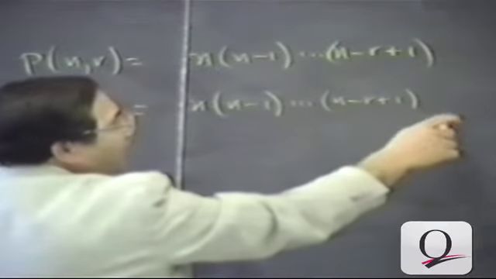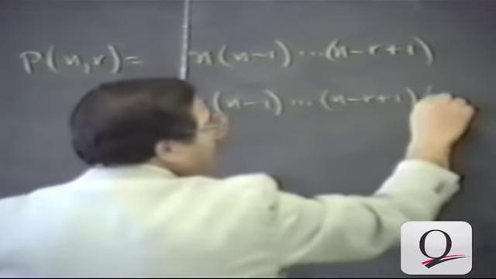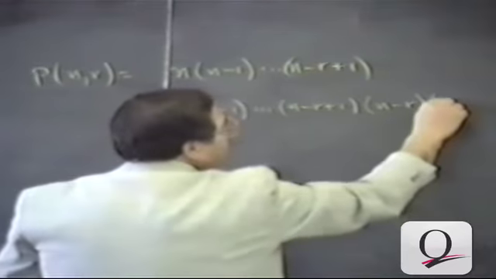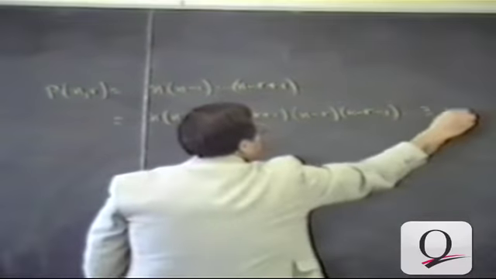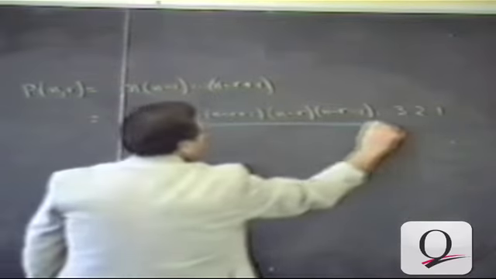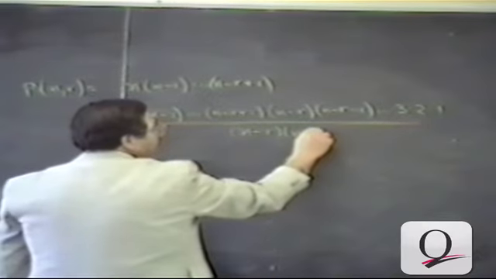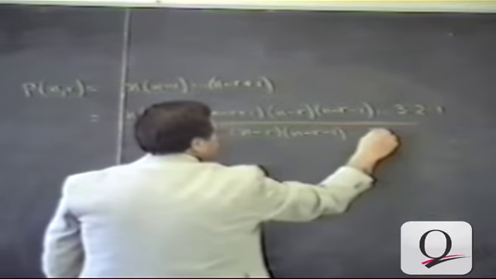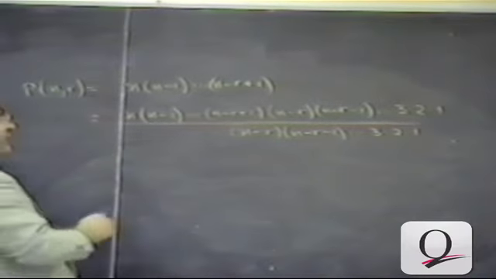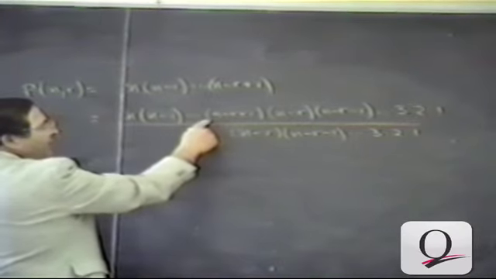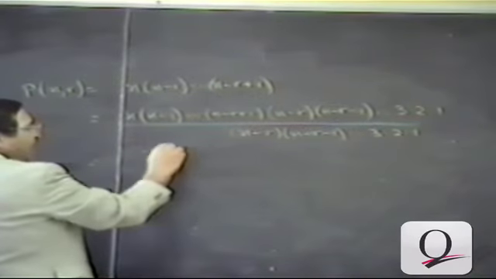Well, the next term is always 1 less than this term. And the next would be all the way down. And I'm going to divide this by the same thing I multiplied so that I don't change the value. But now the top reads, since it goes from n, each succeeding term 1 number lower, all the way down to 1, this is n factorial on top.